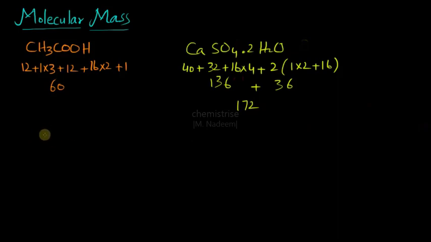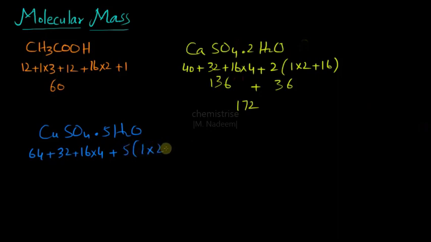Let's take another example. For example, we have copper sulfate, CuSO4 dot 5H2O. Copper is 64, sulfur is 32, oxygen is 16 times 4, plus the dot will be plus 5, and inside the bracket we've got 1 times 2 plus 16.